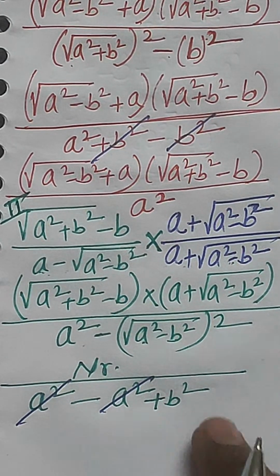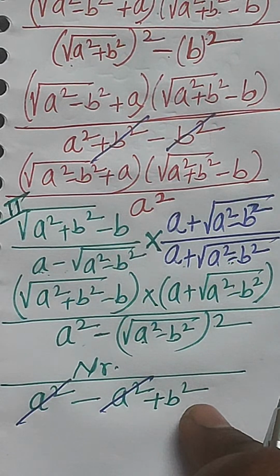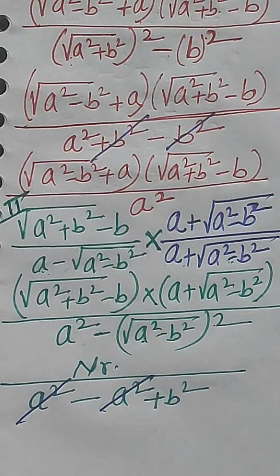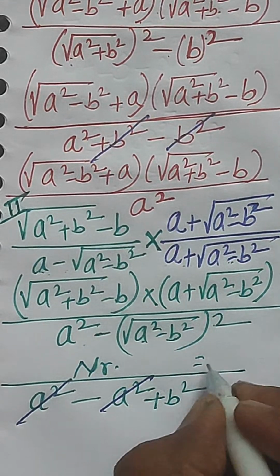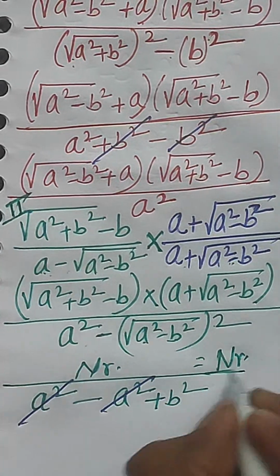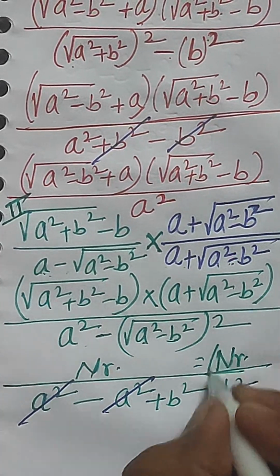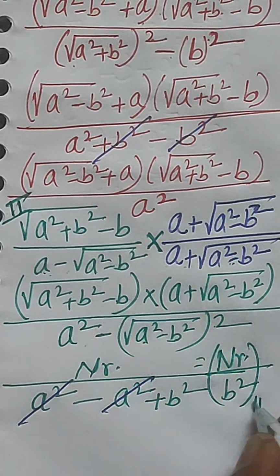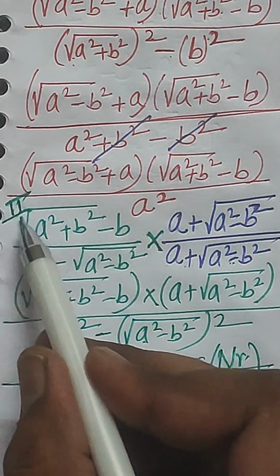Now only b square will remain. So this will give you this numerator divided by b square. So this is the simplified format for the second part.